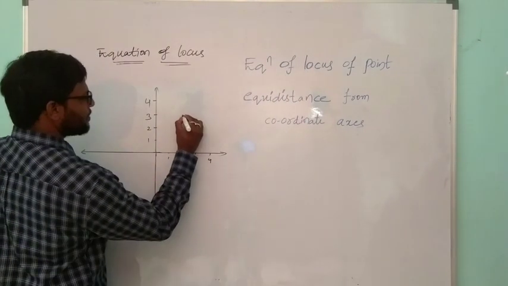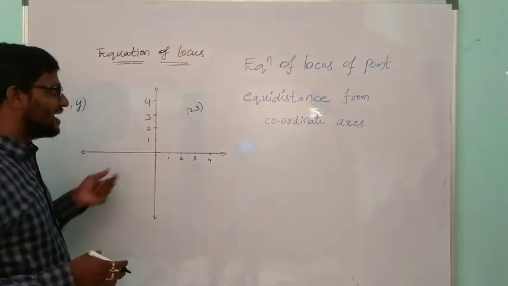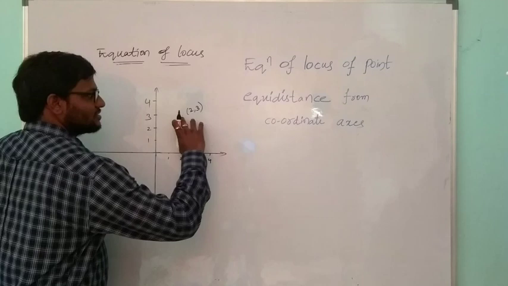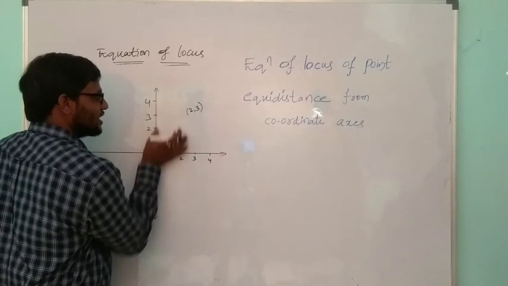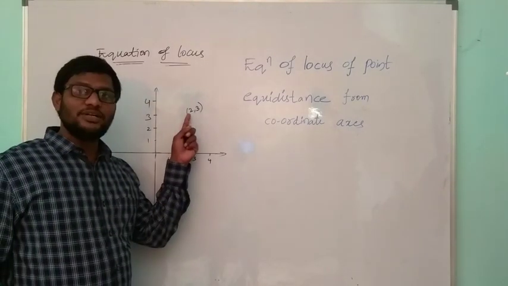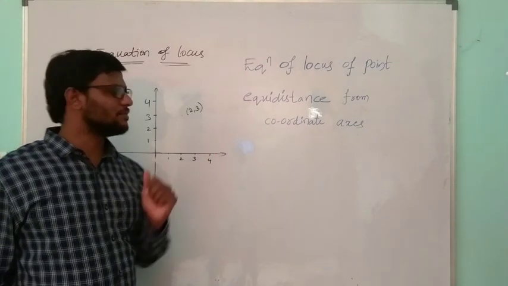Example (2, 3) is located in the first quadrant. It is 3 units from the x axis and 2 units from the y axis. I told you in the beginning.